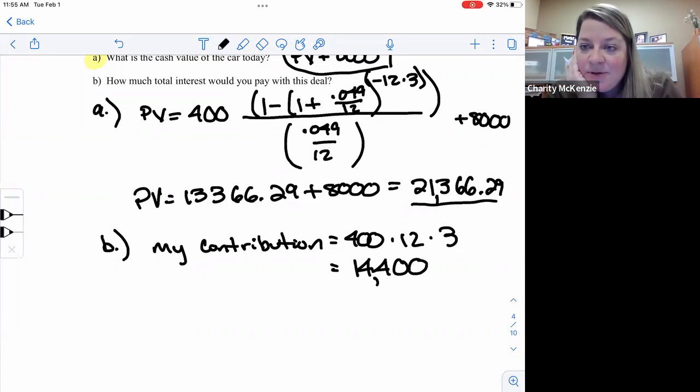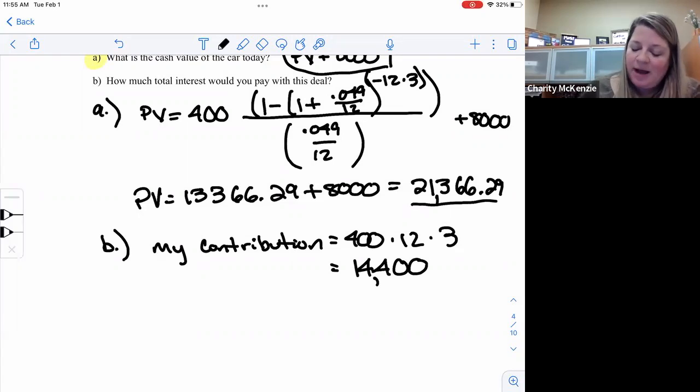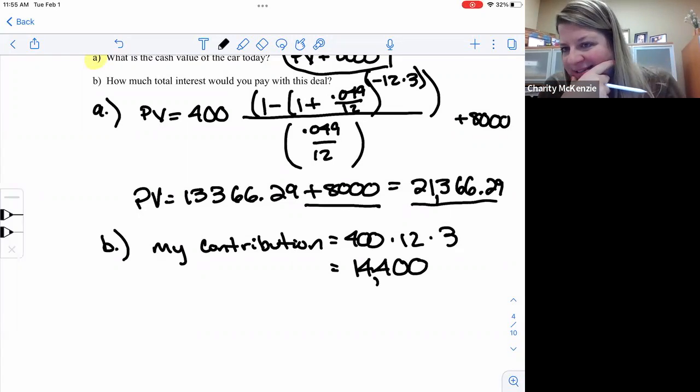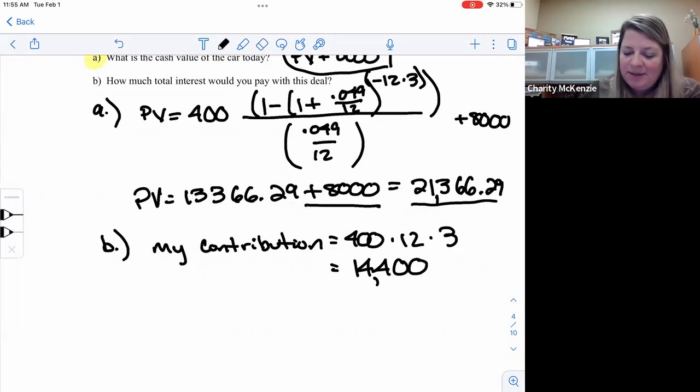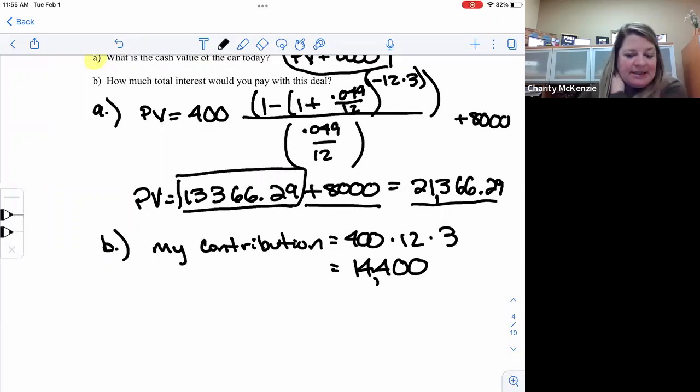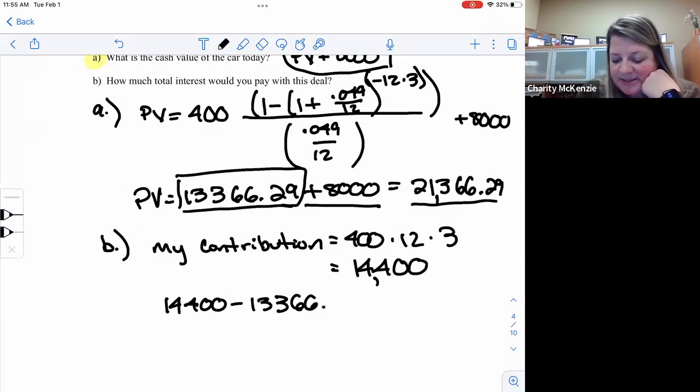So $14,400 is my contribution. So then we can minus off. We are not including the 8,000 because we don't pay interest on the 8,000. We're trading in a car. We only pay interest on that financed amount here. So this is the number that you're going to take off of the 14,000. So 14,400 minus the $13,366.29.